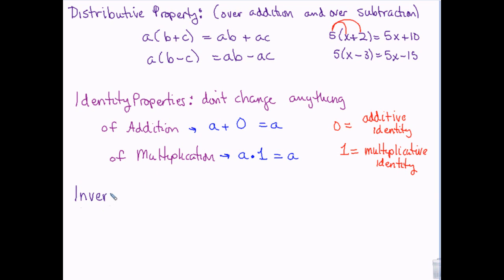Following from the identity, we have the inverse. Okay. So the inverse properties give us the identities.